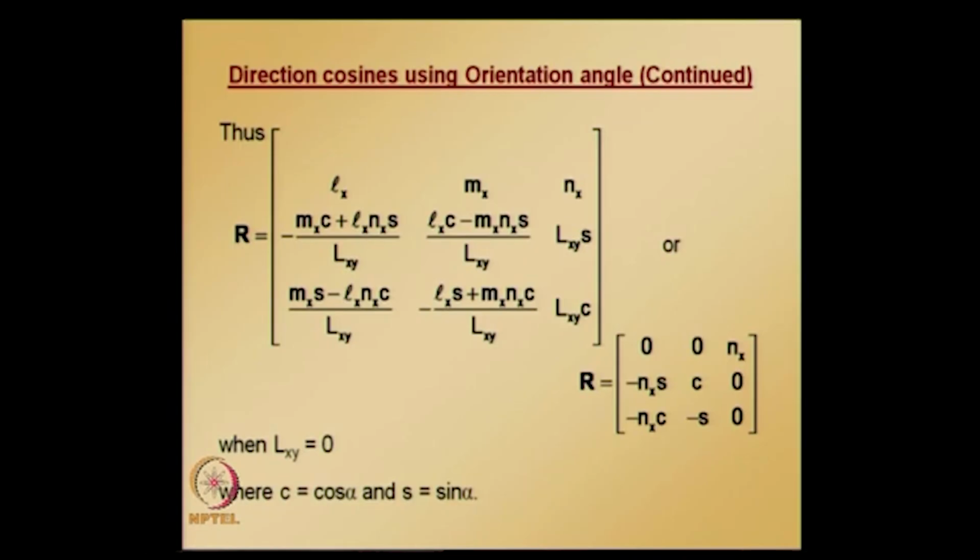Alpha, as we already looked at, is the angle through which the frame element is to be rotated about the local x axis, such that local y axis is parallel to the global y axis. So, this is how we can obtain the rotation matrix, or matrix consisting of direction cosines, which we will finally be using for transformation of the local displacement vector to the global displacement vector or vice versa.